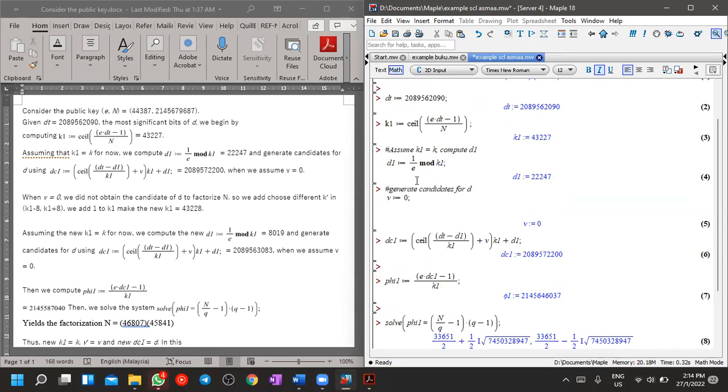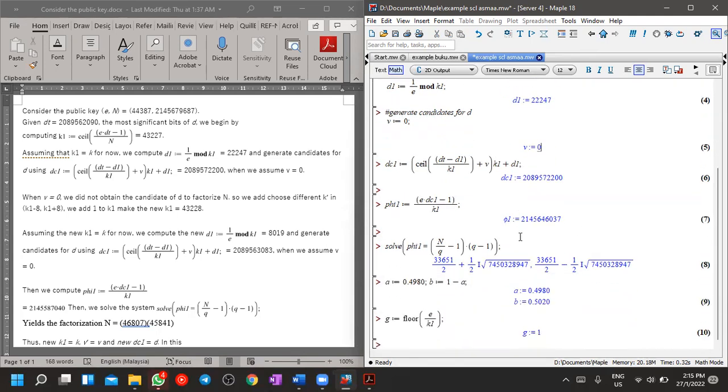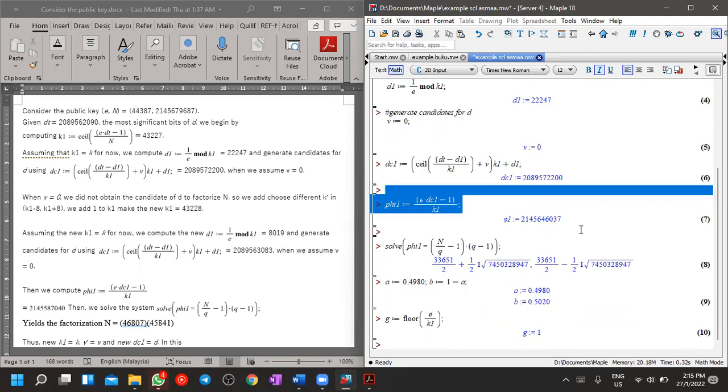After that, we generate candidates for d, which is dc1. We choose v equals 0, and we generate the first candidate for D, and we will get this for D1. From the first candidate for D, we compute phi D1, which is here.